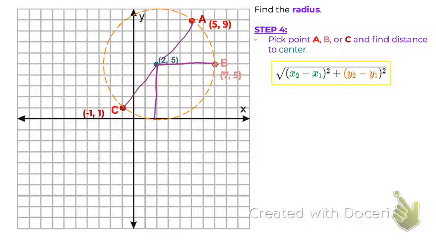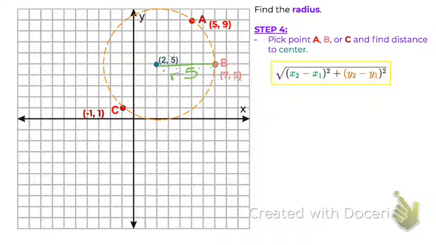So we can pick any one of those points, A, B, or C, and measure the distance from that point to this center, 2, 5, that we found. Now, in this case, it's a little easier. Which point looks the easiest to measure the radius? Yeah, from here to here, because notice they both have a y-coordinate of 5. It's going straight across. You don't even have to use the distance formula.